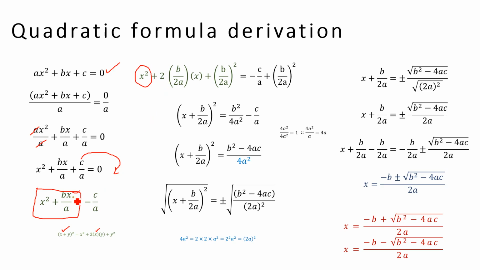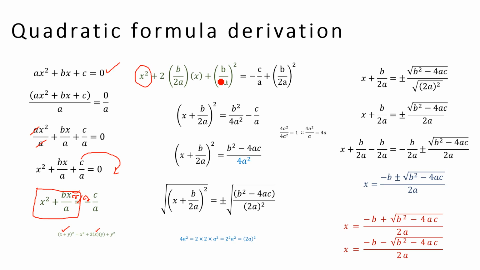For example, if we multiply this term by 2, then we will have 2 into b divided by 2a into x. And now here we are going to add this term b by 2a whole squared, which is the y term. b by 2a is the y term. So we are going to add b by 2a squared to both sides of this equation.